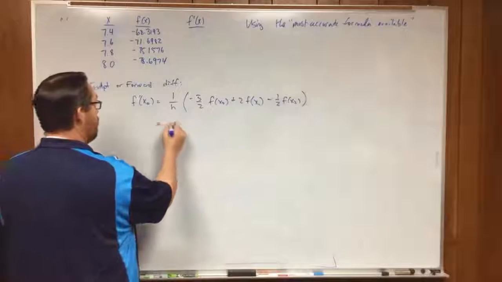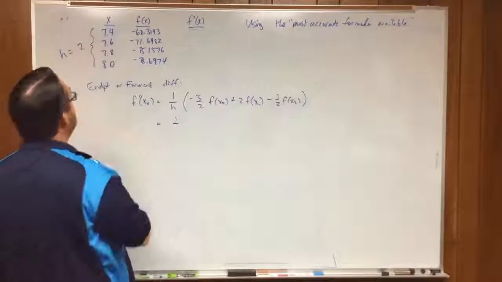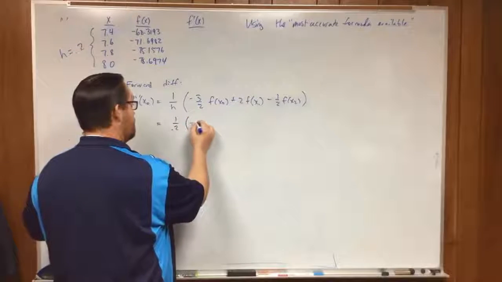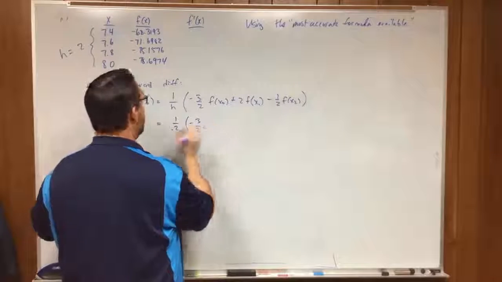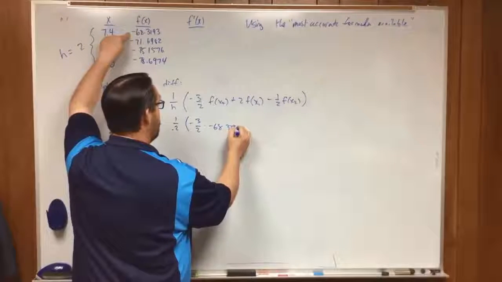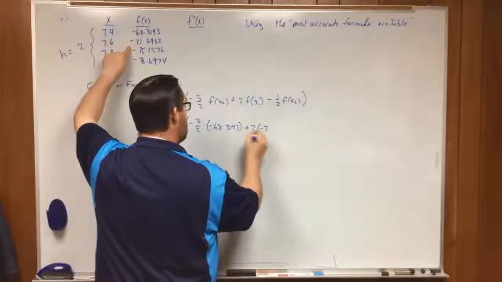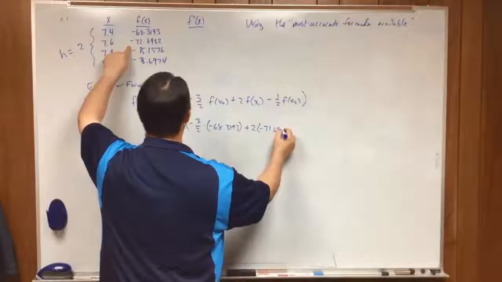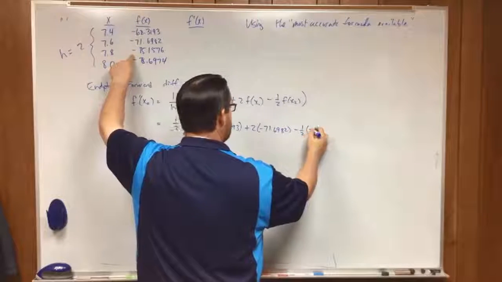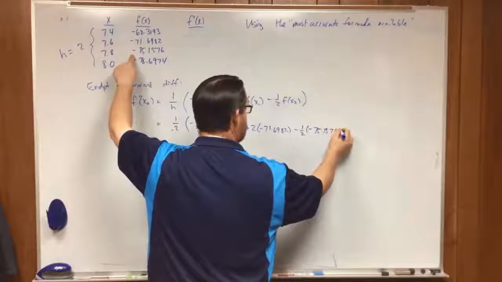So this is now 1 over, and h in this case is clearly 0.2 because that's the step size. 1 over 0.2 times negative 3 halves times negative 68.3193 plus 2 times negative 71.6982 minus 1/2 times negative 75.1576.